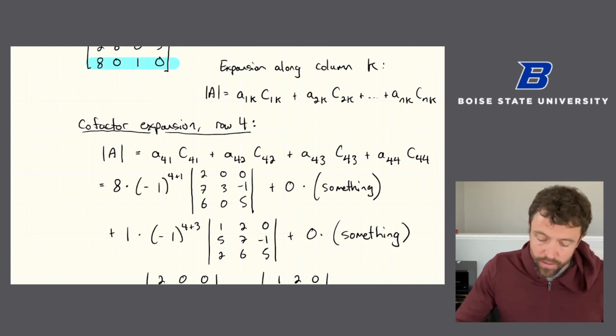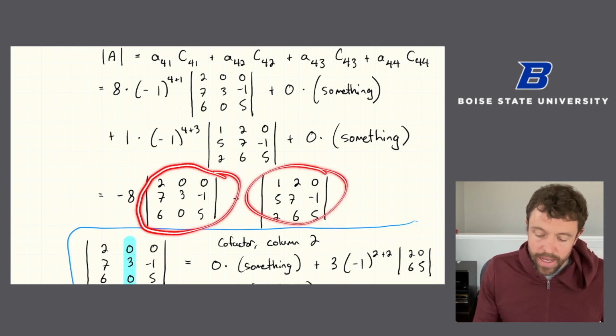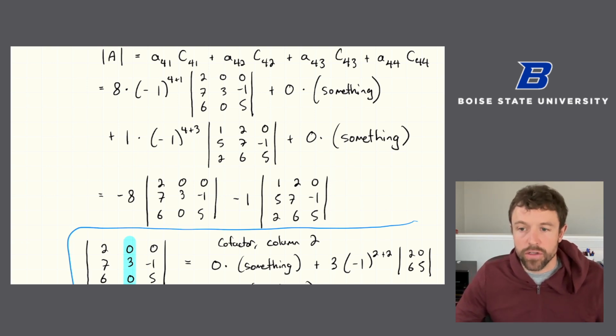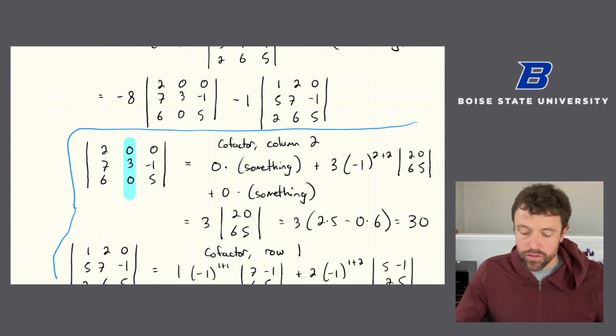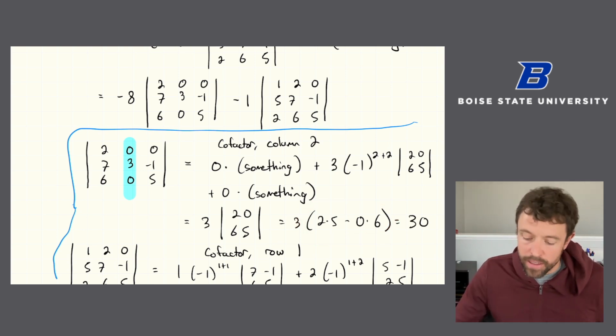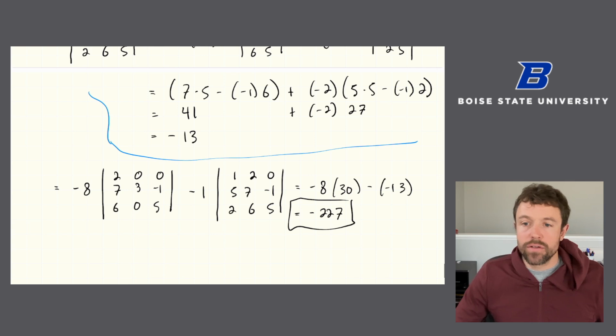And notice when I get these resulting determinants, I go and calculate them separately, right? I don't try to keep one formula going. That's a really poor choice. The one exception being once I get down to 2 by 2 determinants, those are straightforward to apply the formula to. I don't need to create some other separate side calculation. And so in the end, I work all the way down to this determinant being negative 227.